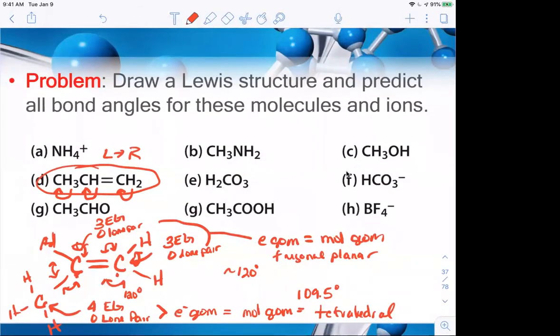So what you have to do for these guys is look at the geometry, and then look at the bond angles. For example, this guy, I'm going to read left to right again. I have this Lewis structure. And what I'm going to notice is this is going to be tetrahedral.